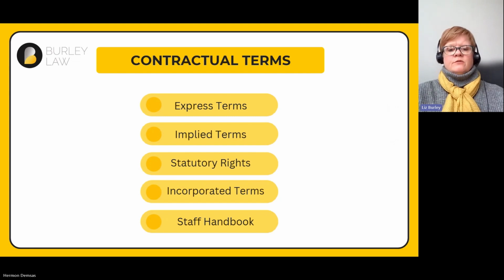This usually plays out in meaning that the employee can't carry on a competing business in their spare time, or set up a business that competes with the employer outside of their workplace. It often goes to things like confidential information, keeping safe the secrets of the business that the employee is working for, so that those secrets are not leaked outside and maybe taken by a competitor or to a competitor.